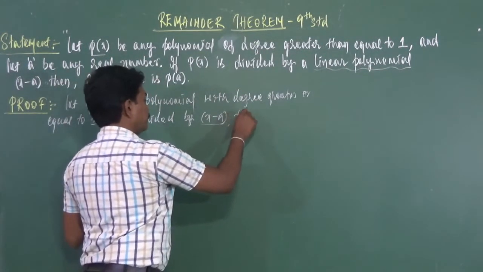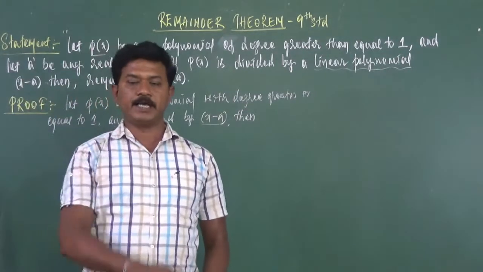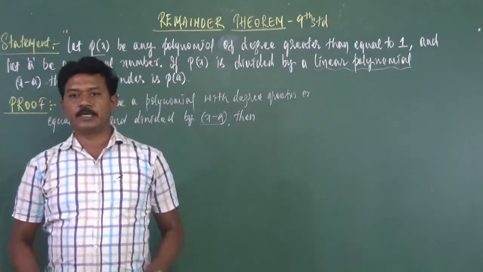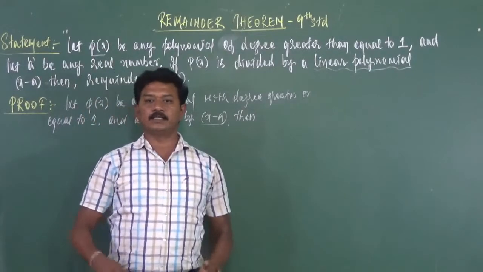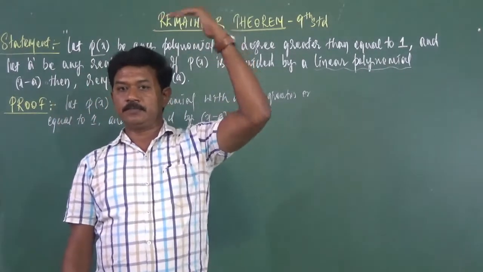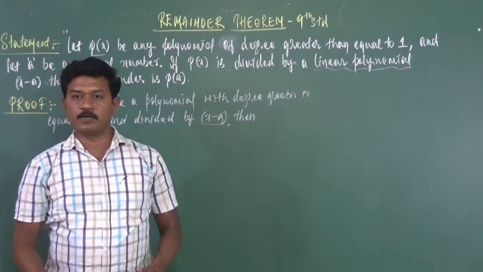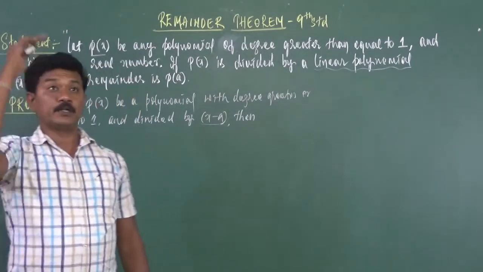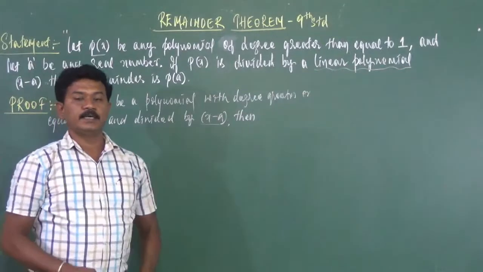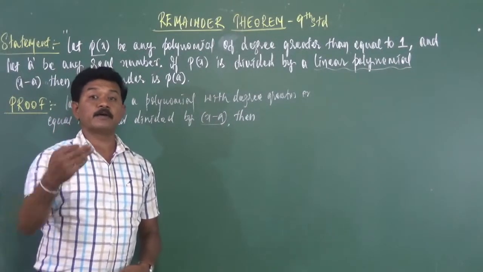Then, when we divide a polynomial p of x by a linear polynomial x minus a, two new things we are going to get. One is the quotient, another is the remainder at the bottom, right? Just imagine the long division, you will get the quotient and the remainder at the bottom. So let that quotient be q of x and let the remainder you get be r of x.